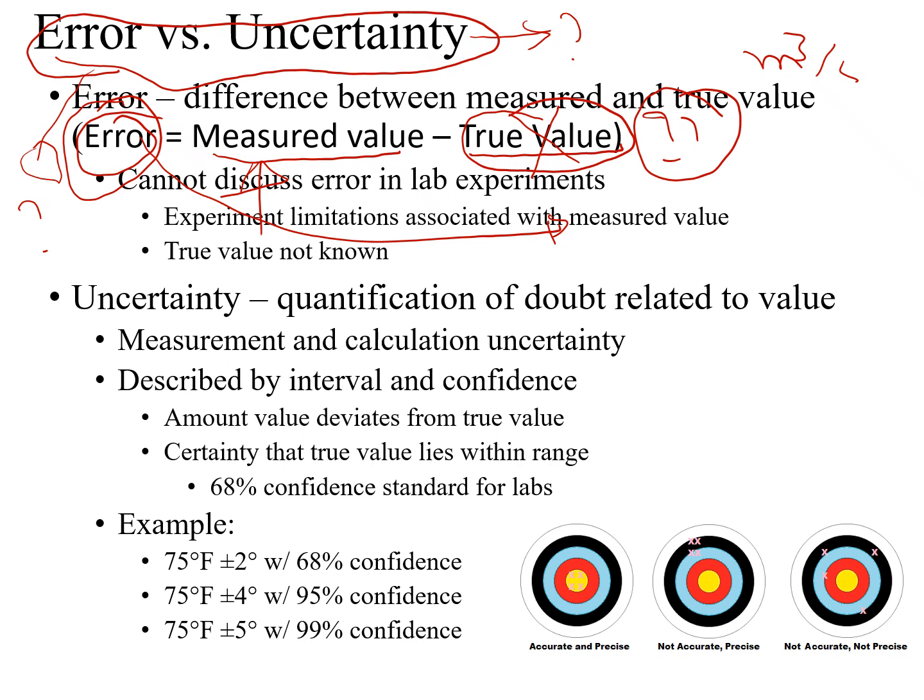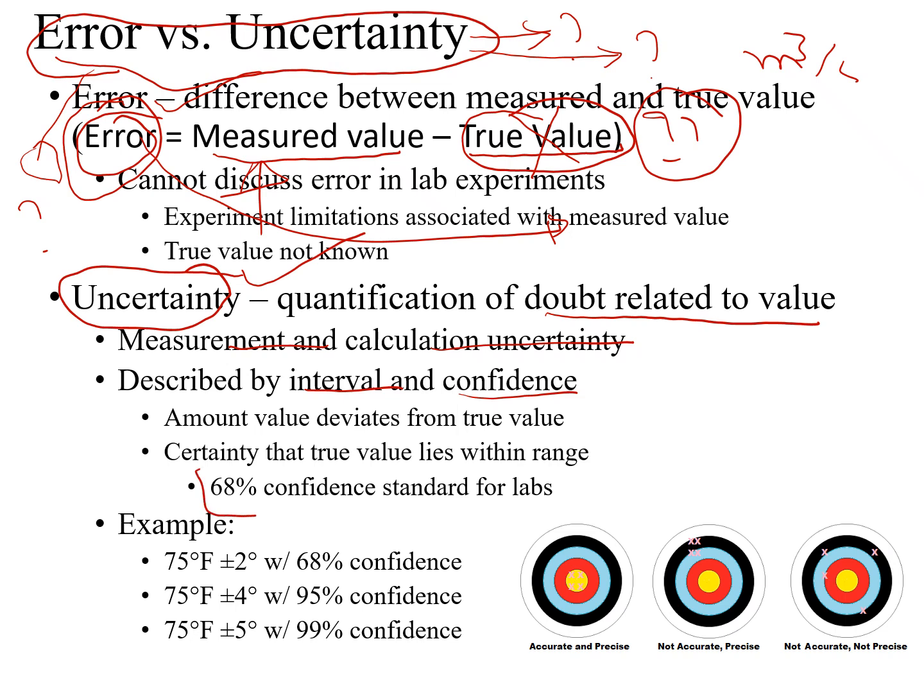That is why we need to go for calculation of uncertainty. Uncertainty is a quantification of doubt related to a value, that is, how much variation you could have when you make the measurement. That is the reason why instead of calculating error, we calculate uncertainty. So you have measurement uncertainty, which is described by an interval and a confidence.